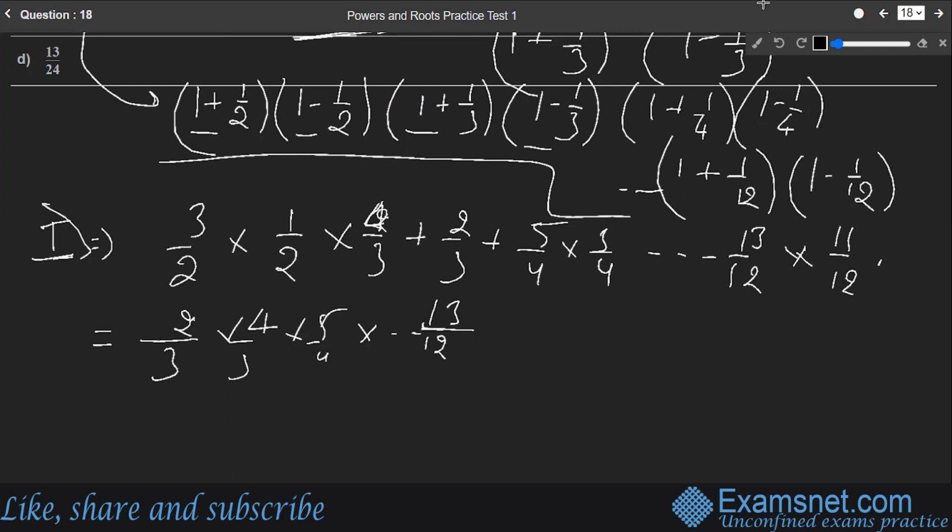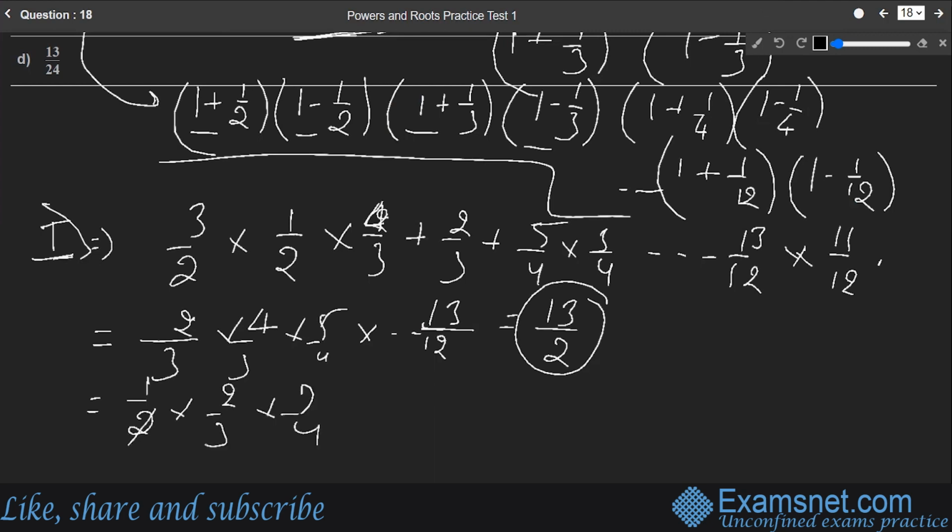If we take it like that, we are taking them together till the value of 13 by 12. This value ultimately reaches 13 by 2, because the terms will get cut against each other. So ultimately you will be reaching 13 by 2. And the other terms are 1 by 2, into 2 by 3, into 3 by 4.